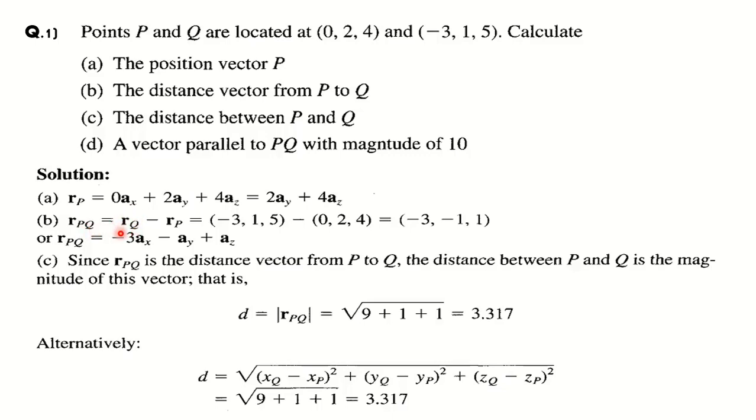So it is vector Q minus vector P: minus 3 minus 0, 1 minus 2, 5 minus 4. Writing this in corresponding directions, it will be minus 3 ax bar minus ay bar plus az bar. So this is the vector PQ, represented here as R suffix PQ.